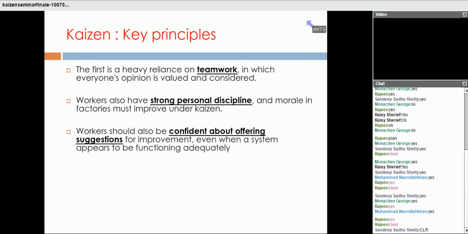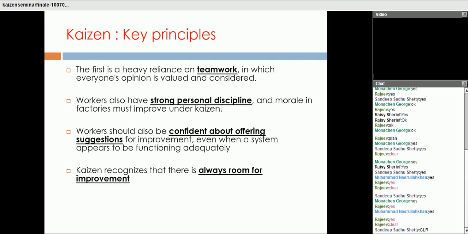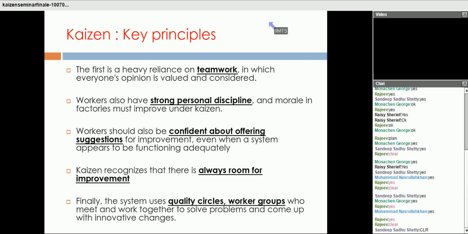Third, workers should also be confident about offering suggestions for improvements even when a system appears to be functioning adequately. Then Kaizen recognizes that there is always room for improvement. And finally, the system uses quality circles, worker groups who meet and work together to solve problems and come up with innovative changes. So these are the principles on which Kaizen is laid down.